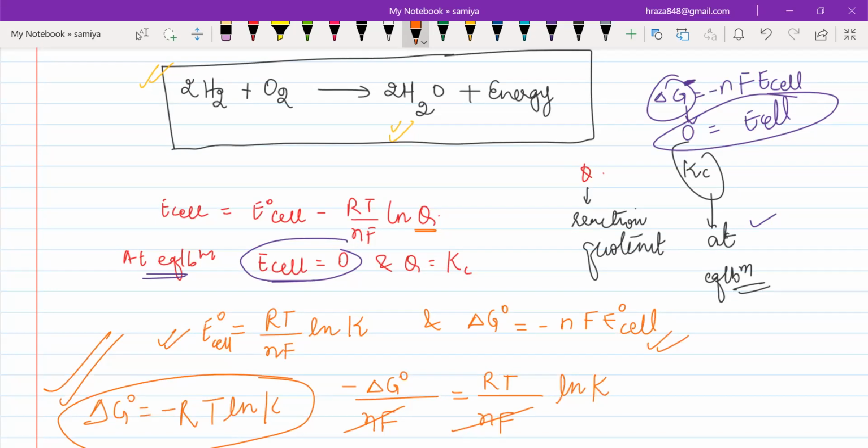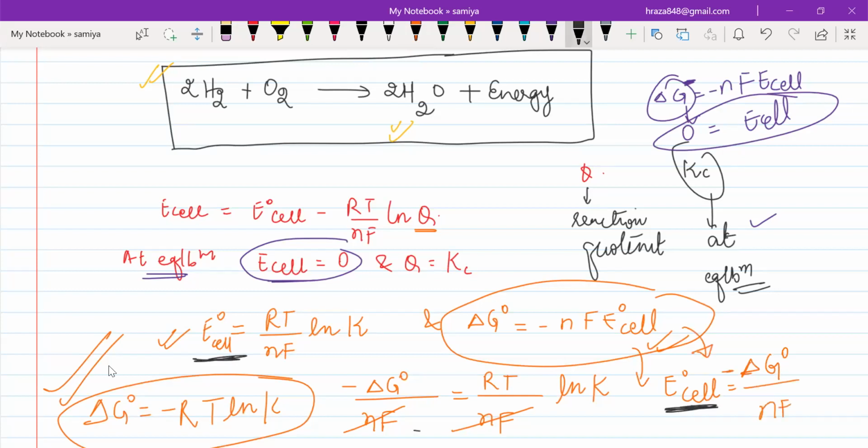Are you getting my point? What you need to do is, from this equation you are going to find the value of E naught cell, which will be equal to minus delta G naught upon nF, and you put the value of E naught cell here, and you will get this equation, and it will be cancelled, and this is the answer.